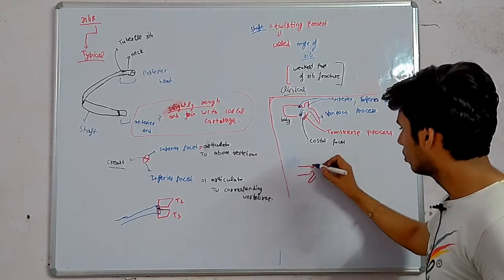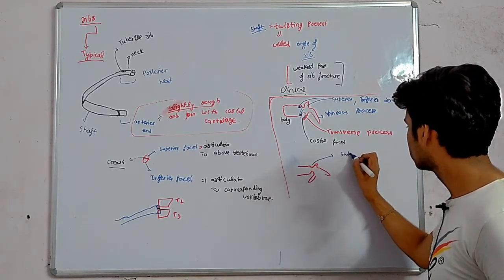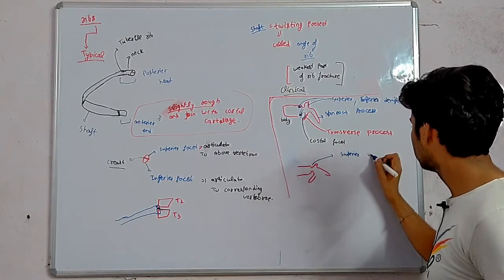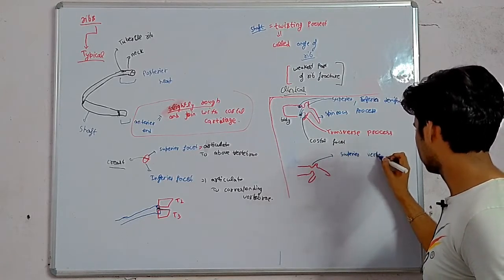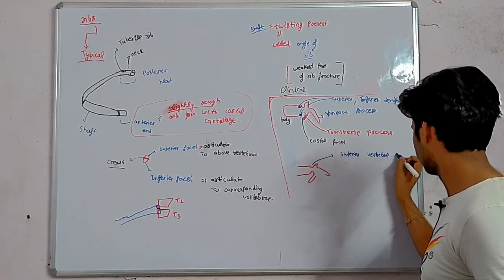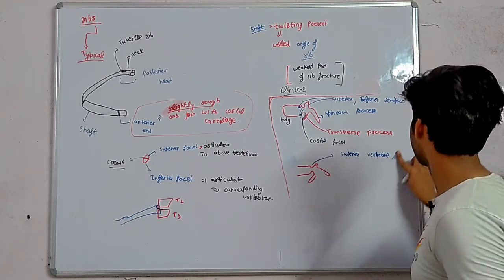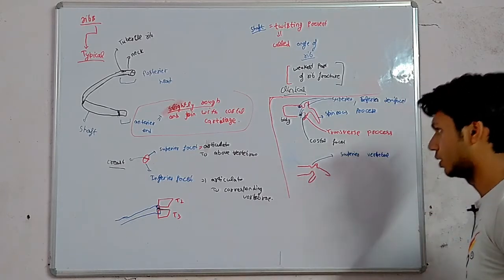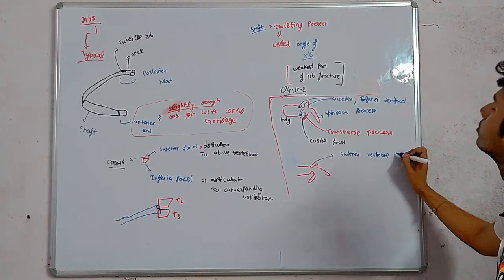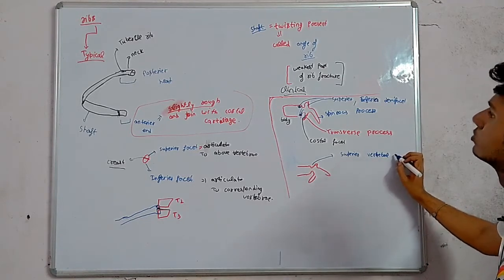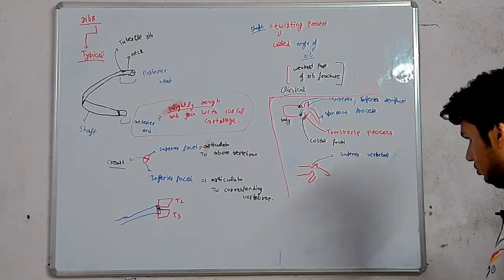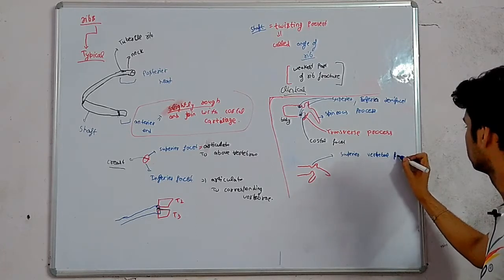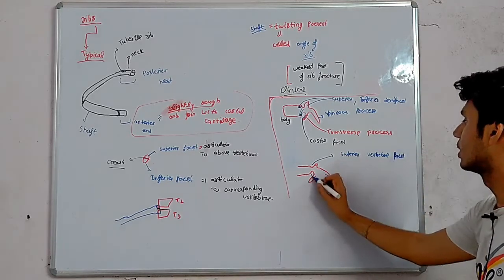These are called the superior vertebral facet, vertebral notch, superior vertebral facet, inferior vertebral facet.